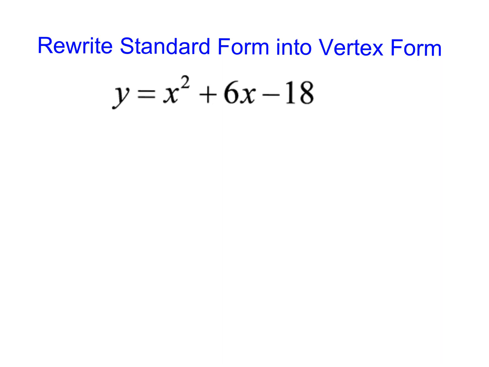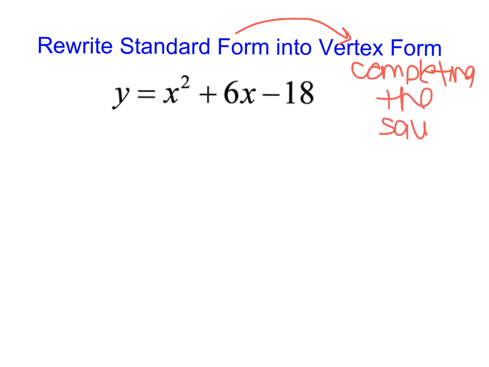All right, so let's do one more example here. So again, remember to rewrite standard form into vertex form, we need to use completing the square to get that piece where we have x plus or minus a number in parentheses squared. So to start, again, I'm just going to temporarily move the 18 over so that I don't confuse it with the rest of the problems.